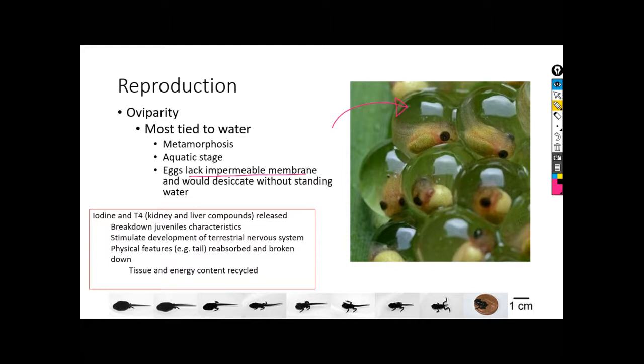This means, importantly, that water and air and nutrients can pass through that egg continually while it's laid, which means they can continue to grow and get things. The bad news means they could also desiccate, right? This is one of our worries as we move to land, is those eggs are going to be susceptible to desiccation. So we have to be really careful until we hatch.